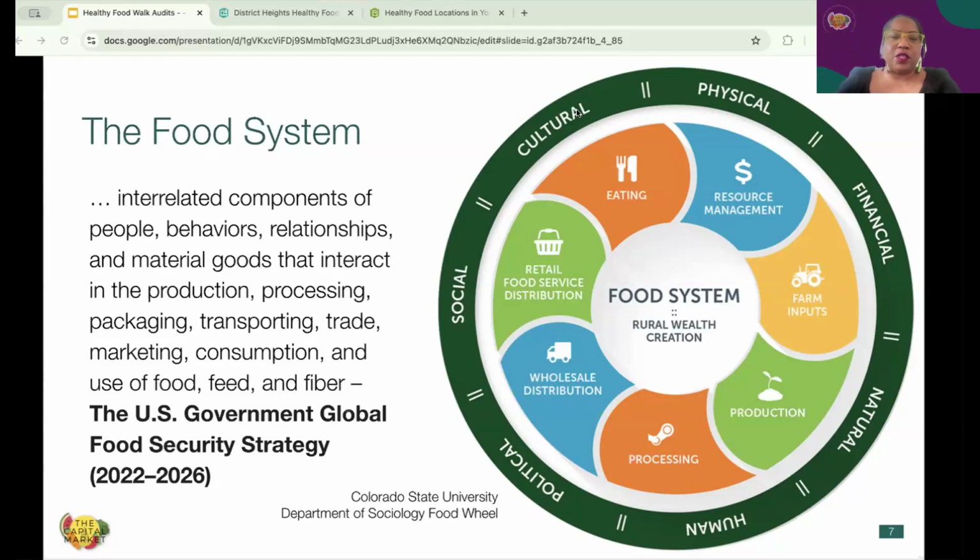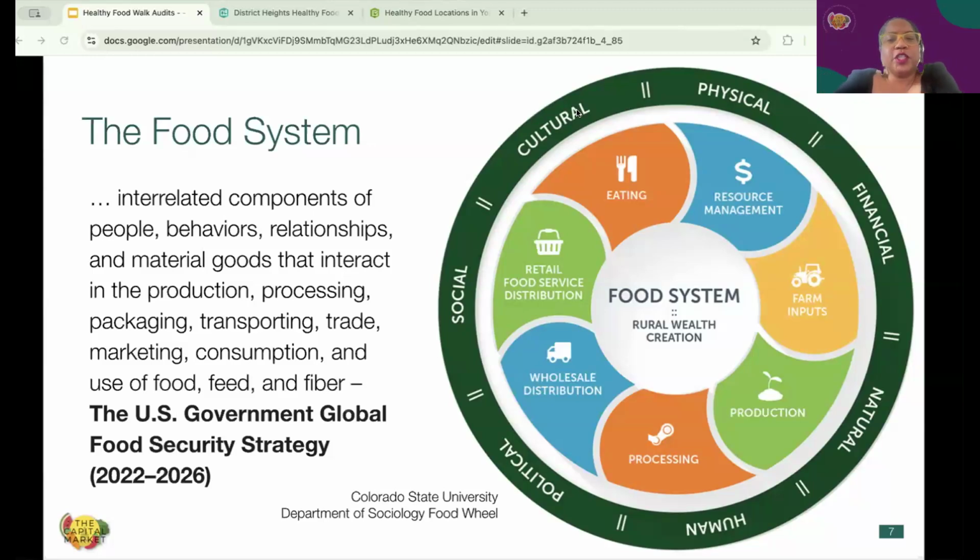So if we think about the food system, it goes from growing and harvesting food, even who has access to land or to the facilities and infrastructure to grow food, right? What are the transportation networks that we need to distribute that food throughout a local community? Is there space for processing, for food production, for manufacturing, and all of those things?